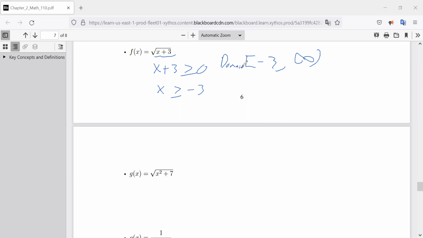What's the range for this going to be? What's the range for square root? Let's show what this looks like as a function. We've got this starting off at -3 and that nice little square root arc there.